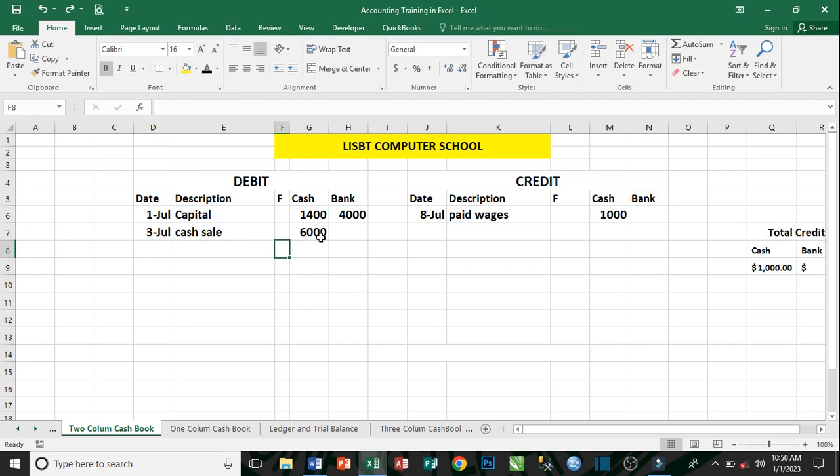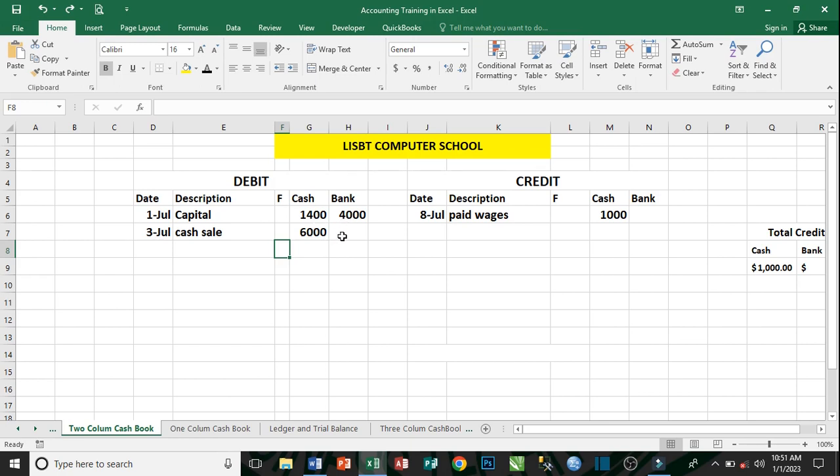July 10, Kia sale. The sale that we make is $6,000, and it was in cash, so we record it under the cash. Understand this very well: you record it under the cash because it was not from the bank. If you read the question, July 10, 2022, Kia sale.